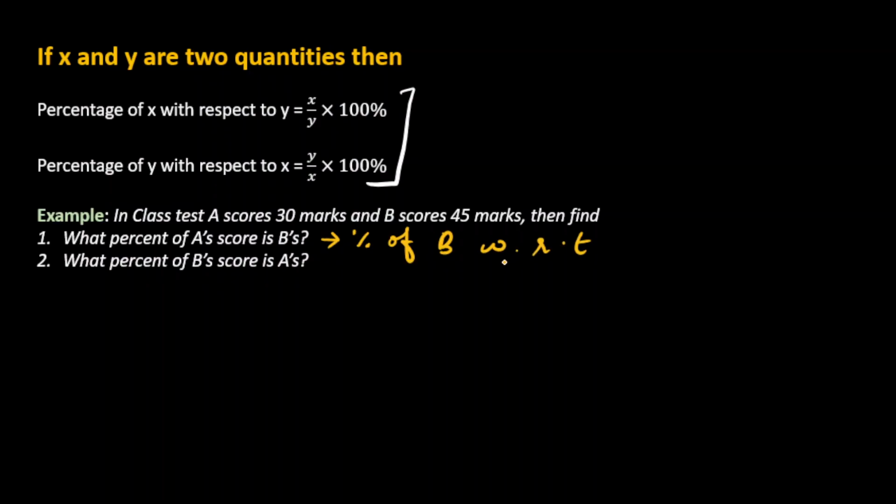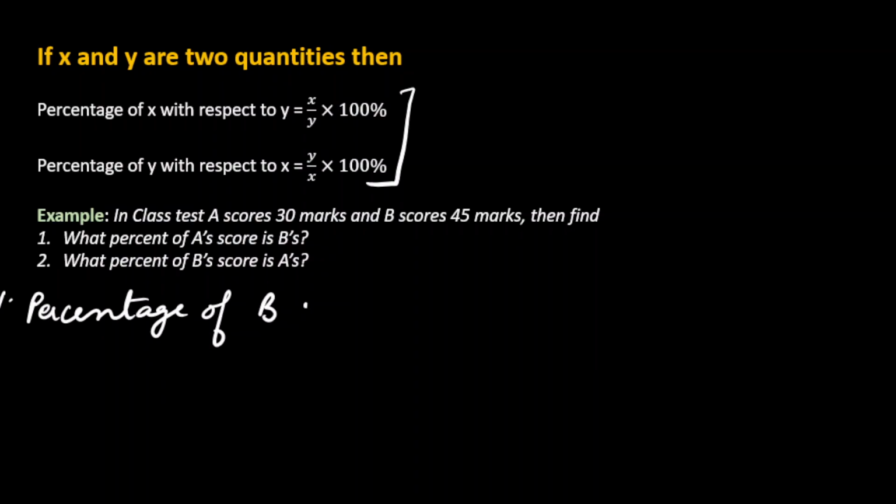So in the first part, don't think that since A is written before, it is A with respect to B. We are told here, what percent of A's score is B's. So we are more concerned about B here. So the first part means the percentage of B with respect to A. So this formula we can use.